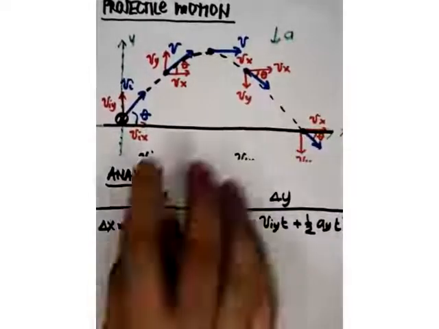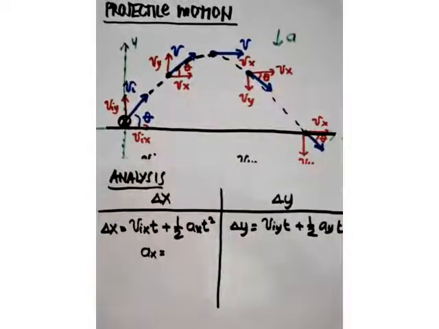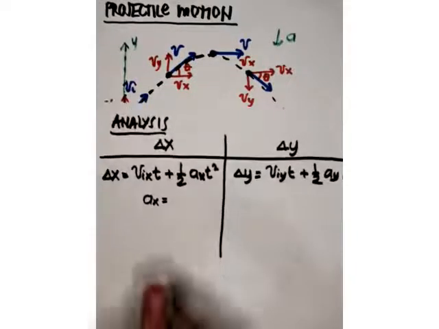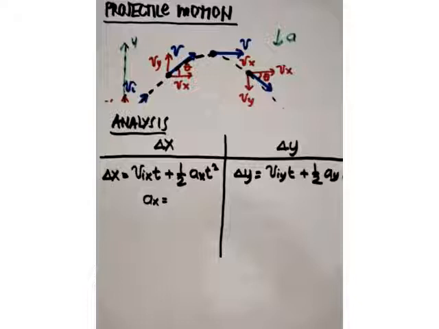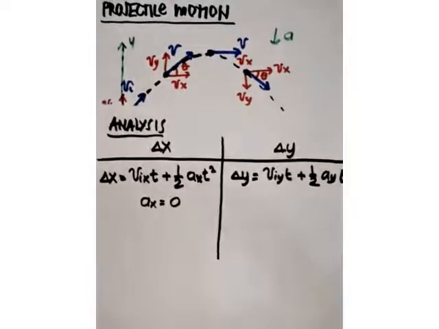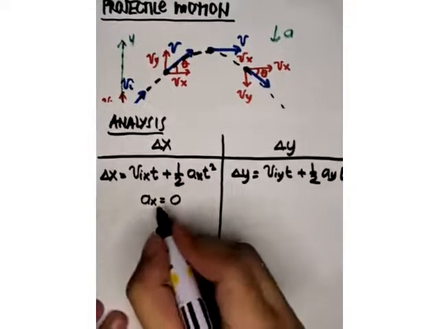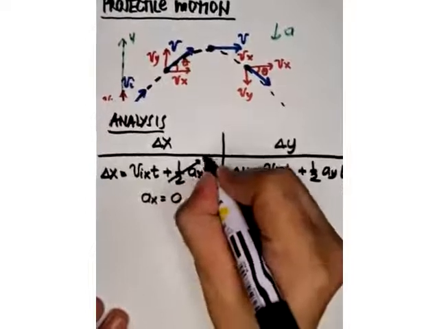So therefore, the acceleration is always going downward, which is along the Y. Kung sa Y lang siya nag-accelerate, so therefore, yung AX natin is, James, it is 0. If that's the case, therefore, this one is also 0.